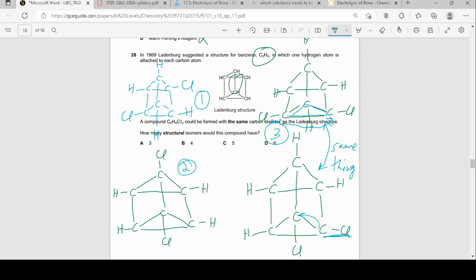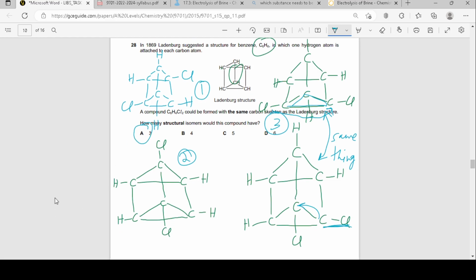So one where both of them are below, and one where one of them is on a different adjacent type of carbon atom, below, but not directly below. And then the third one is where I have them directly below each other, like one is above and one is below. Okay, so the three isomers I can think of. So I would say that the answer is just three.